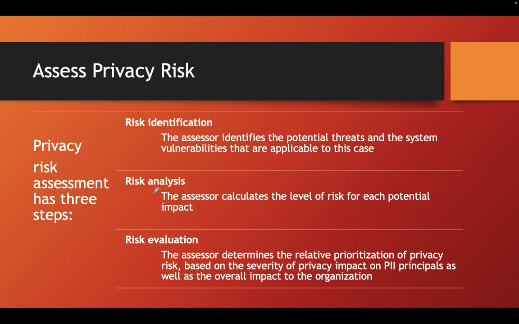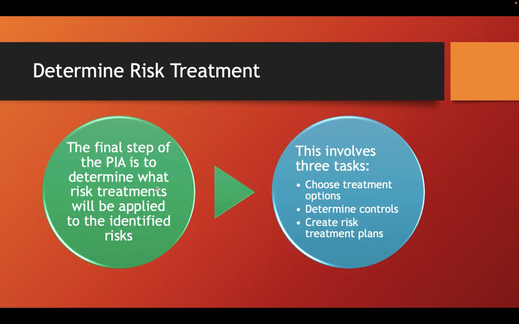Then in the risk analysis, the assessor calculates the level of risk for each potential impact that may happen to the organization. Then in the risk evaluation, the assessors determine the relative prioritization of privacy risk based on the severity of privacy impact on the personally identifiable information principal as well as the overall impact on the organization. Okay, now let's move on quickly.